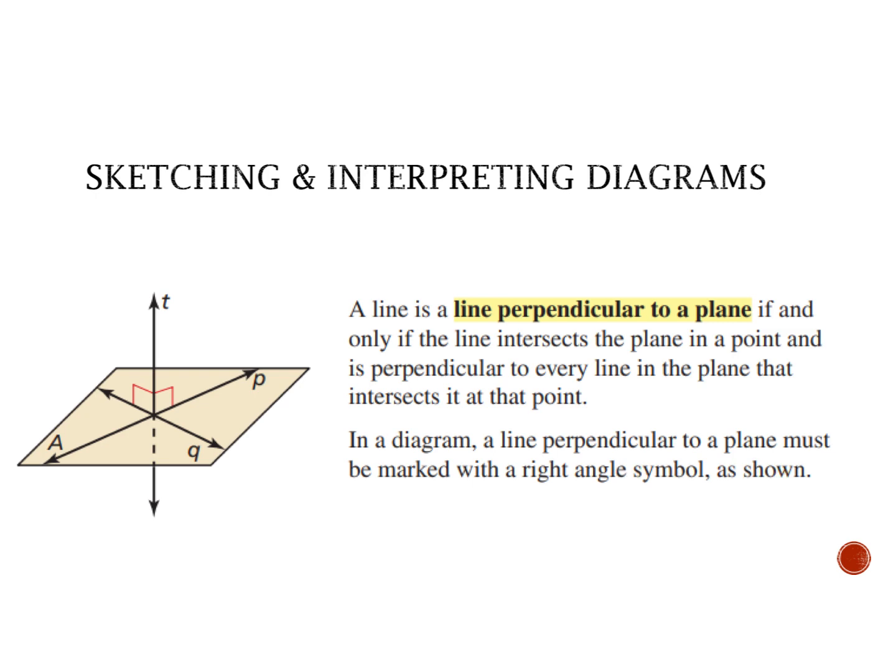So if you look in this drawing here, you can see right here that we have the right angle symbol to tell us that these planes are perpendicular to that line. So we need to look for that if we have a line perpendicular to a plane.